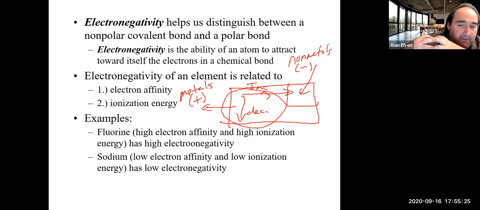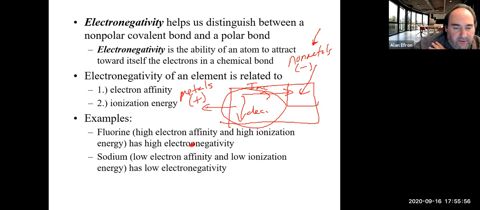Ionization energy is the energy needed to remove an electron. Electron affinity is, I like electrons, so metals have low electron affinity, high ionization energy, and that's why metals typically will lose electrons. Nonmetals are opposite. They have very high ionization energy, which means it takes a lot of energy to remove an electron, so it doesn't really happen a lot. But they have very high electron affinity, which means they're very happy to take an electron on and gain an electron.